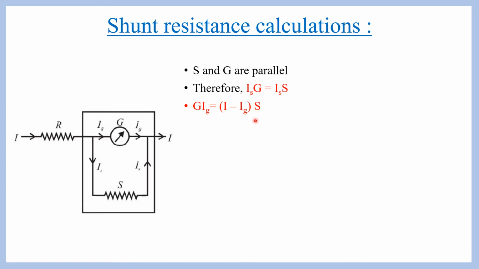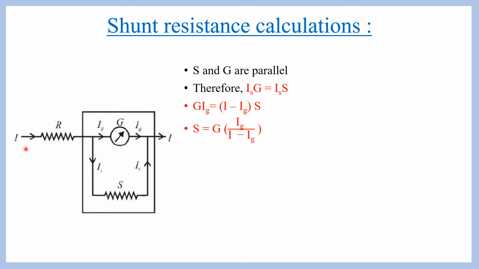So substituting that in this expression, you can calculate the value of S if we know the value of Ig and I. What is this I? I is the current that we are supposed to measure using the ammeter, and Ig is the current which will give a full scale deflection by the galvanometer. Galvanometer will give a full scale deflection for a current of Ig, and I is the current that we want to measure.